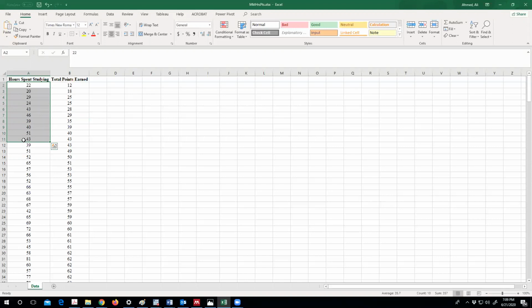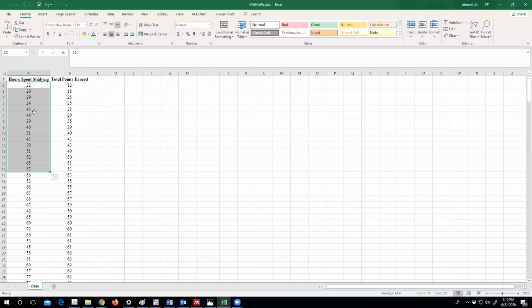It's independent of the points he will earn. But in our study, the points earned depend on how much time a person spends studying. So this is the dependent variable, termed Y in the regression model, and this is the independent variable, considered X.